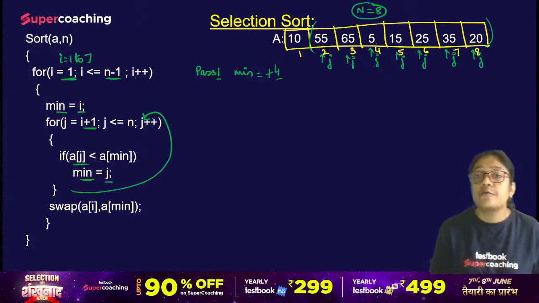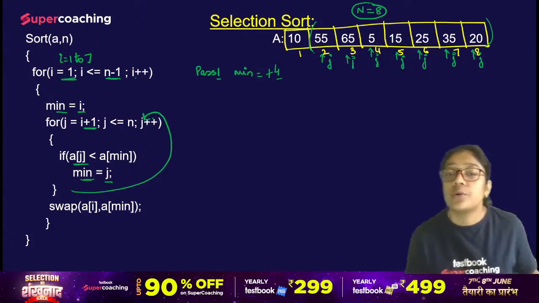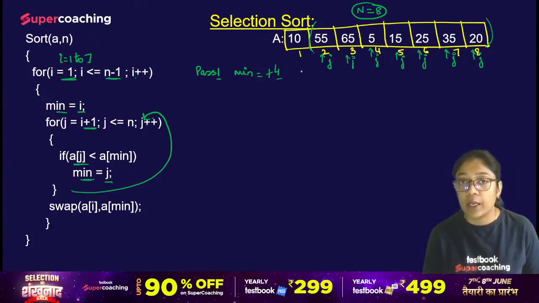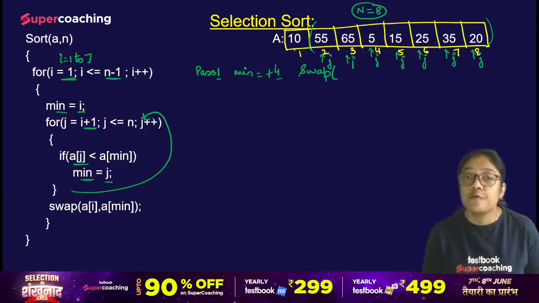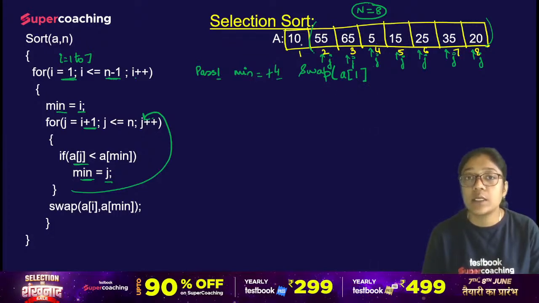At the index 4. Now what we need to do here is simply we'll be performing swap a of i. a of i means first element, first position पे smallest element आना चाहिए. So swap a of 1, a of 1 means first index पे जो element है, and with a of min. min is available at 4.